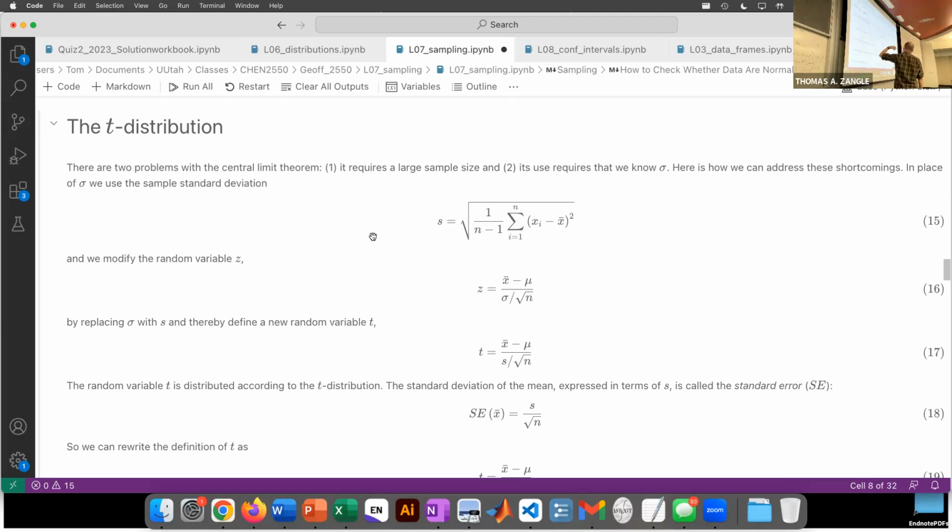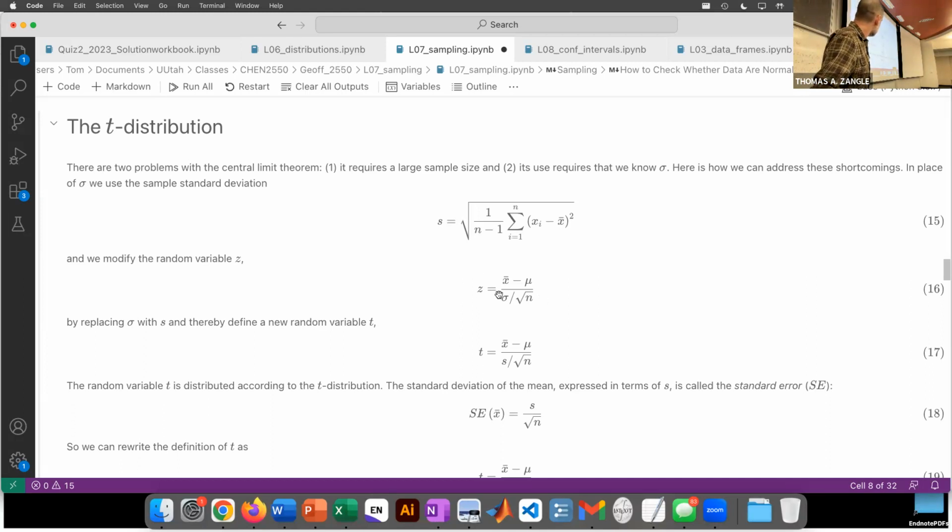So in place of that, we're going to be using what's called the t distribution, which basically just allows us to make statements about the sample mean and how probable it is to get a given value of the sample mean. And so in the t distribution, instead of sigma, we're using the sample standard deviation. So again, this is the standard deviation with 1 degree of freedom removed, so it's n minus 1 instead of n.